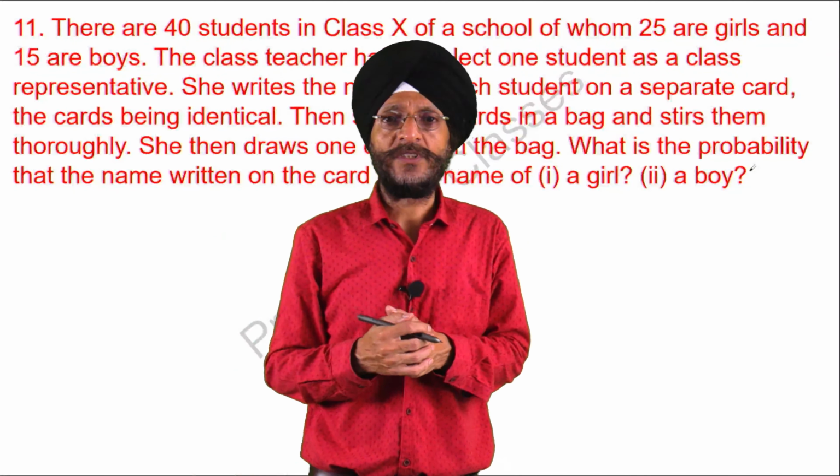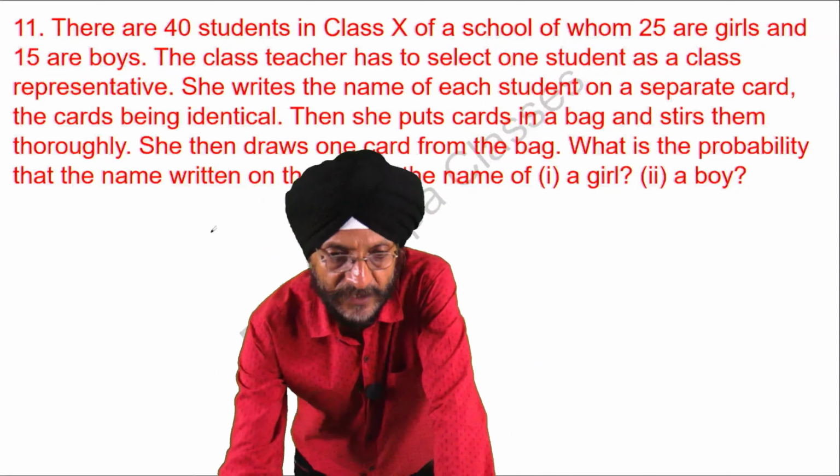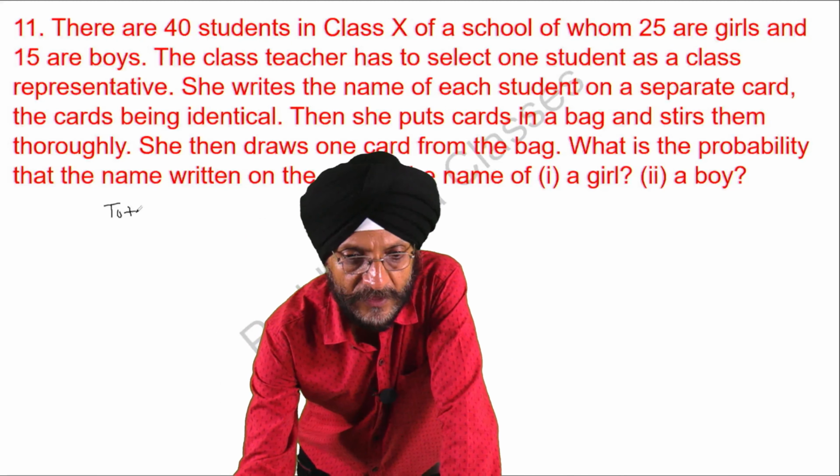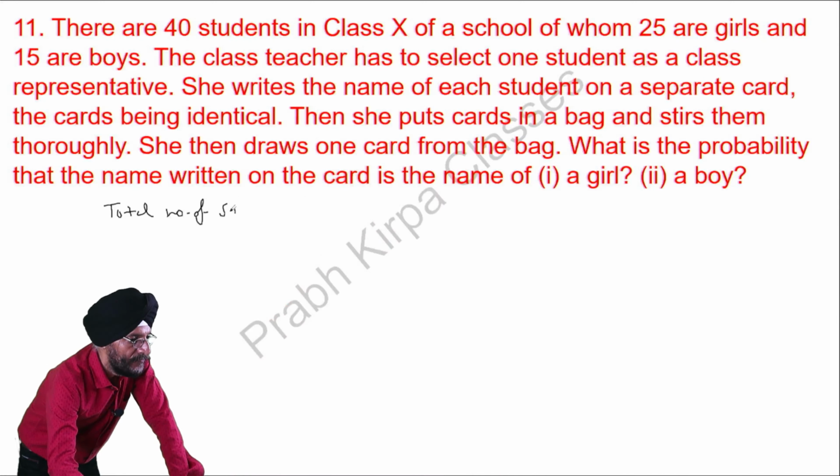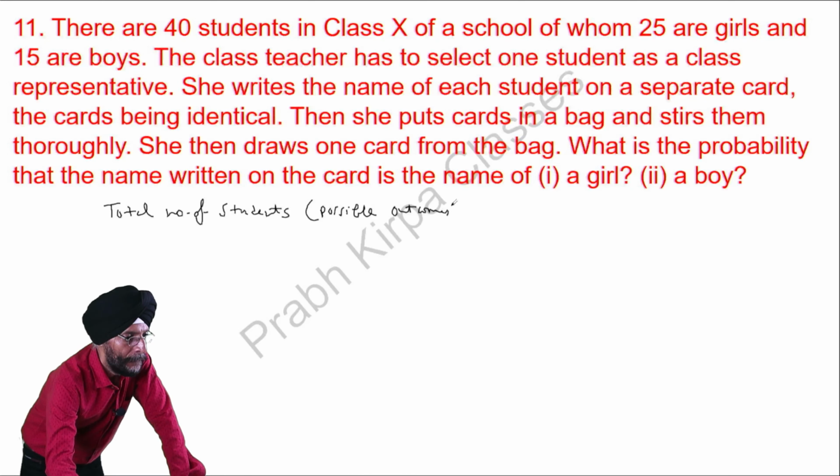What is given in this question? Total number of students are given as 40, the total number of possible outcomes. 25 are girls.